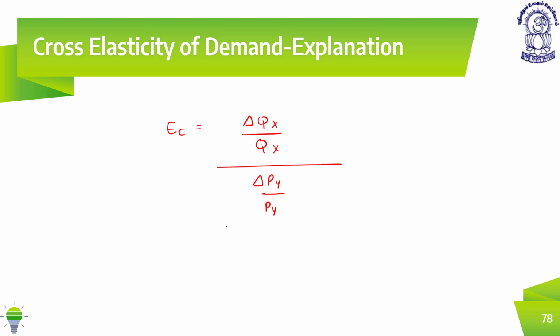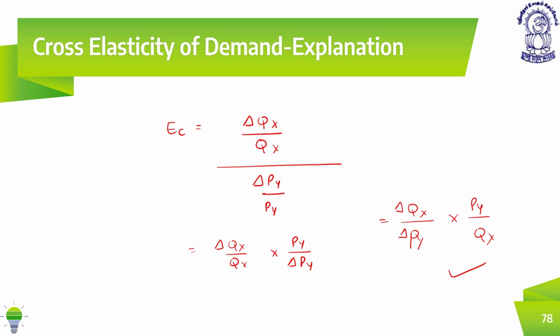If you simplify this, you will get delta Qx upon Qx multiplied by Py upon delta Py, and finally delta Qx upon delta Py multiplied by Py upon Qx. Cross elasticity of demand.